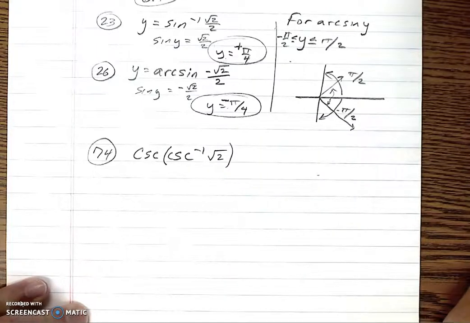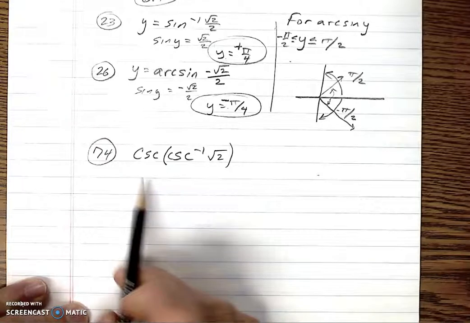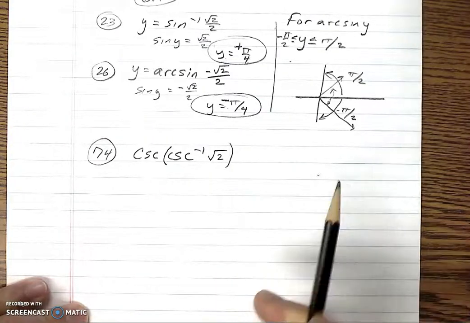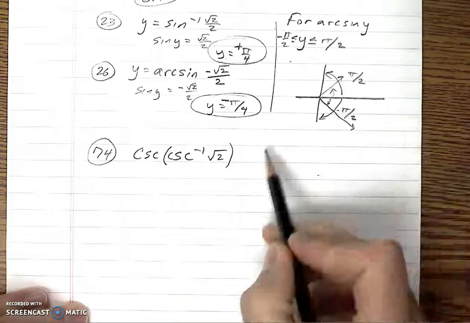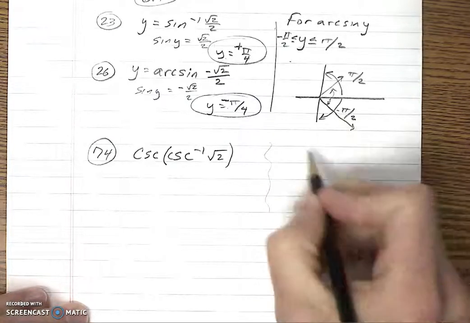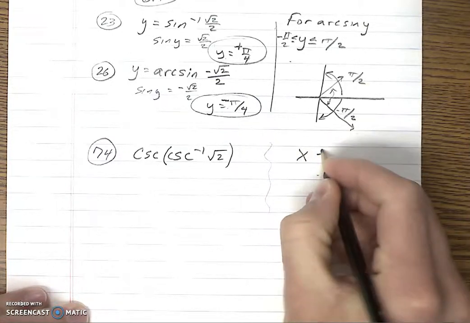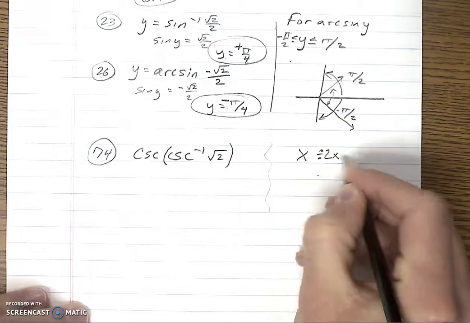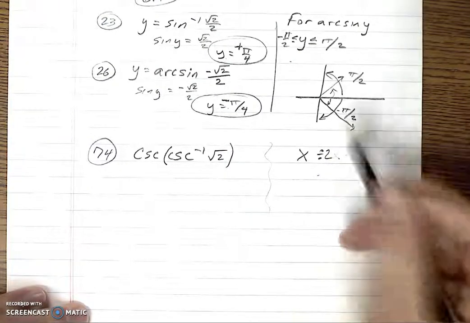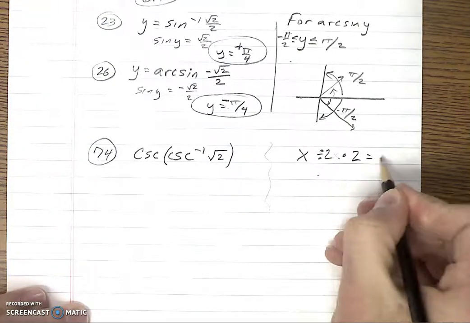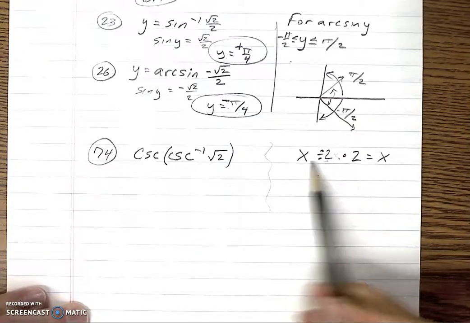Right? And when we see this, what we should first say to ourselves is, this is a similar idea to saying x divided by 2 times 2 is just x. I mean, these are inverse operations.